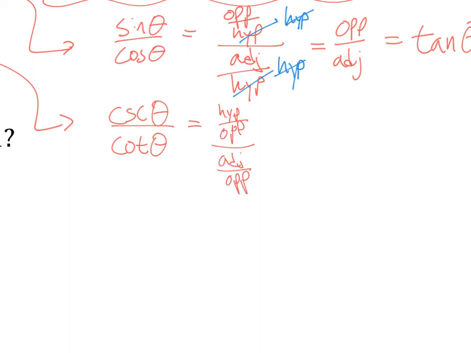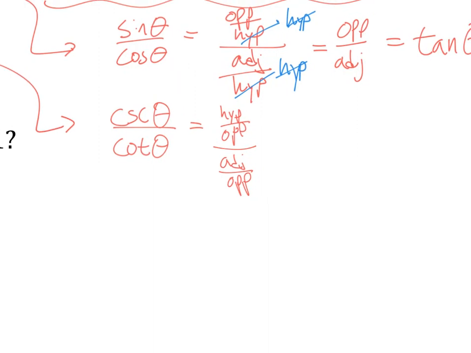Again, we've got this compound fraction. We have opposite on the bottom up here and opposite on the bottom down here. We would like these denominators to go away, so we want something to wipe them out. We're going to multiply by opposite on top and opposite on bottom. Really, we're multiplying by 1. These cancel out, leaving adjacent on the bottom, and these cancel out, leaving hypotenuse on top.